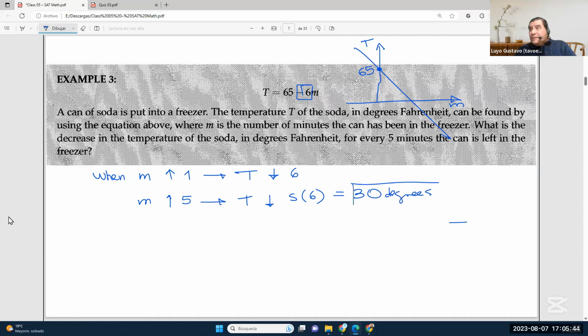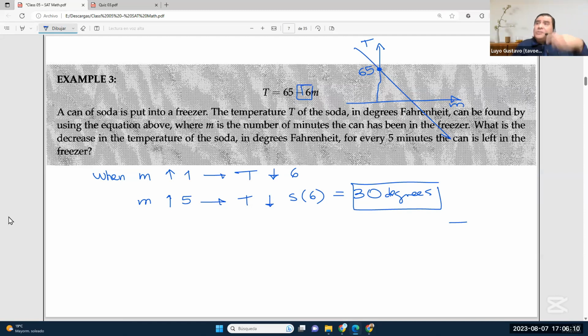That's the decrease. Be careful not to confuse the question with what would be the new temperature. No, that's not the answer. It's how many degrees the temperature would decrease, okay? So that's actually the number of degrees you are subtracting from the original 65 degrees.